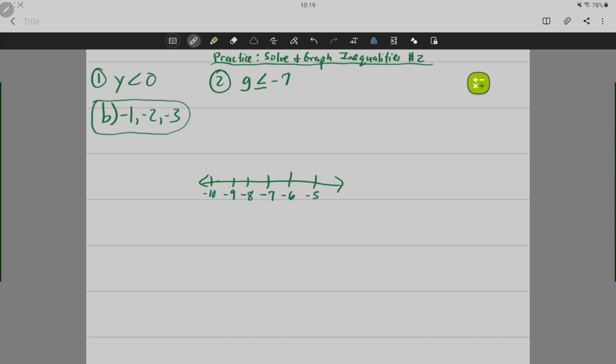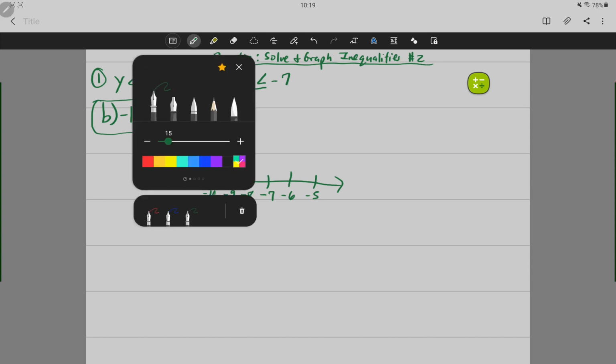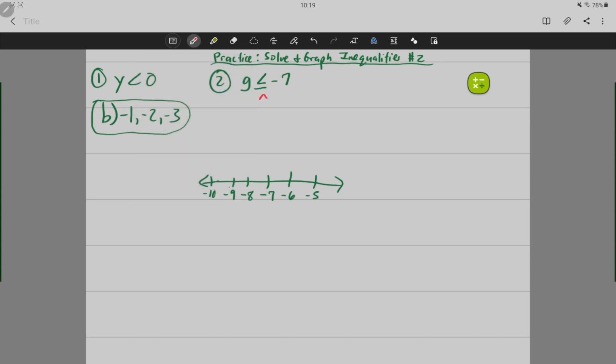So the first 3 integers here, be careful, they are not negative 8, negative 9, and negative 10, because it says less than or equal to. That's where this comes into play, right here. See, less than or equal to. That means we have to include that number, which is negative 7.